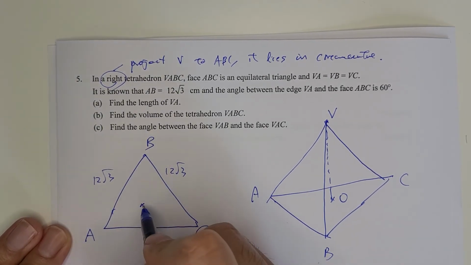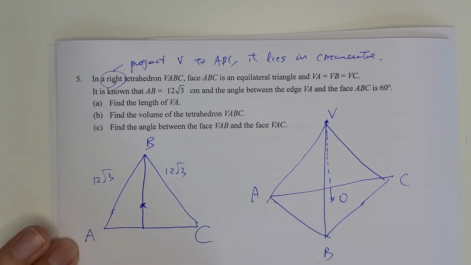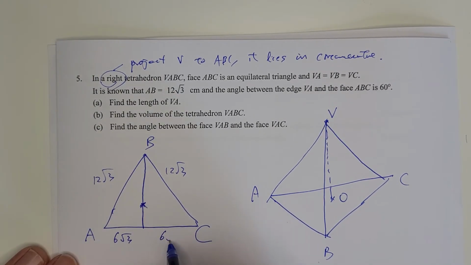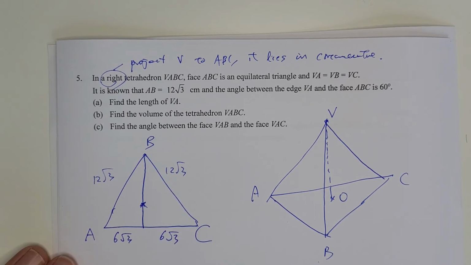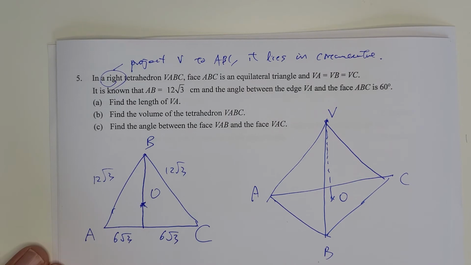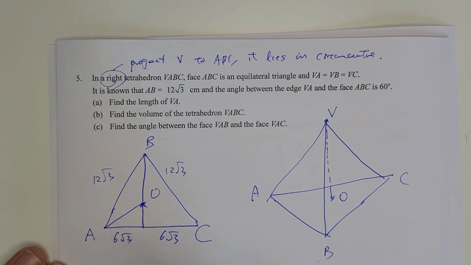So if we consider it as a centroid, this one will cut AC into 2 equal parts. That is 6 root 3, 6 root 3. And also, if you consider O is the incenter, then OA will cut the angle ABC into 2 equal parts. So that is 30 degrees.